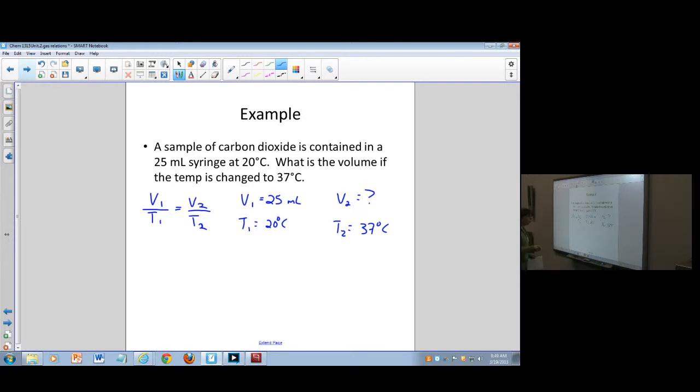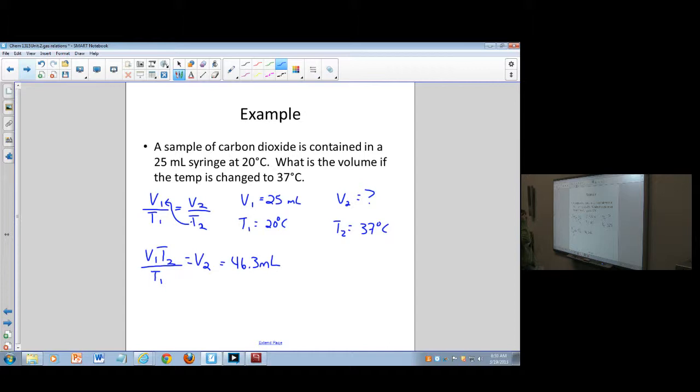So what we want is V2, so we'll rearrange: V1 times T2, divided by T1, and that's going to give me V2. When I input all this stuff and calculate it up, it's equal to 46.3 mL.